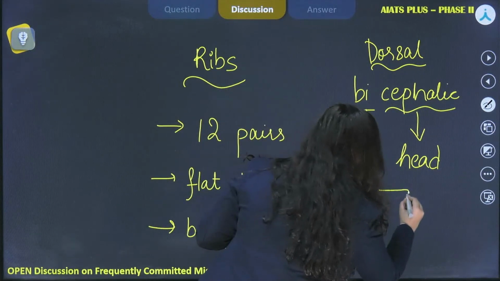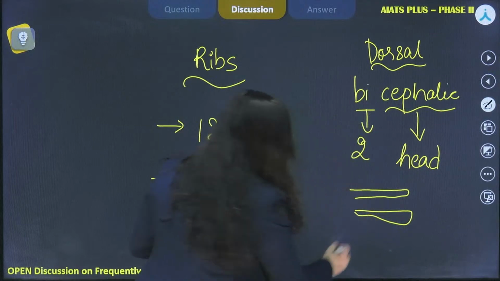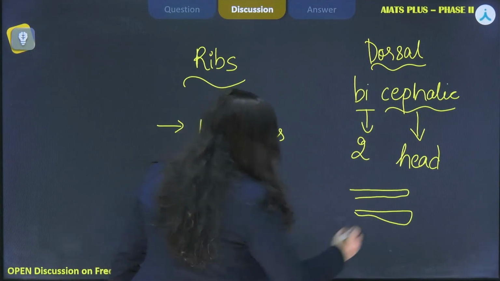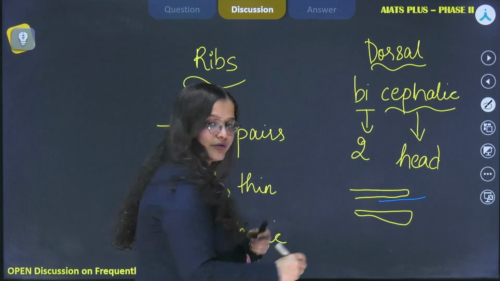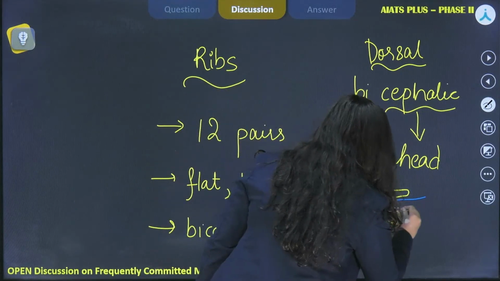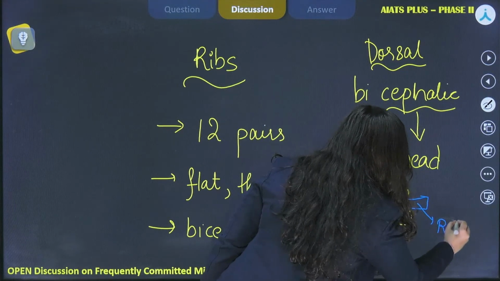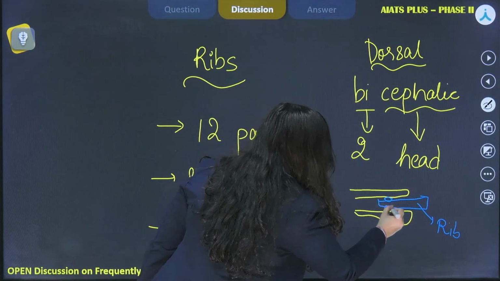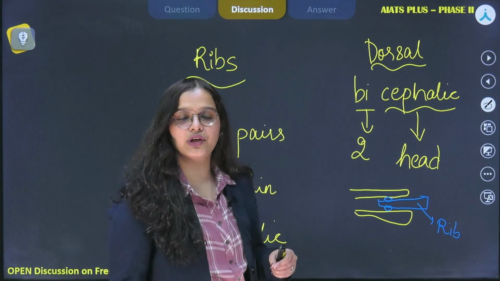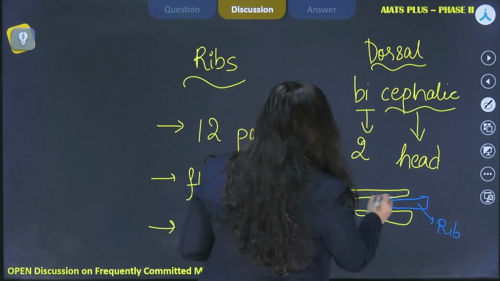Just imagine that this is your thoracic vertebrae in between, not ribs, and this is your rib, and its dorsal side will contain the surface for articulation, which we are referring to as the bicephalic head.